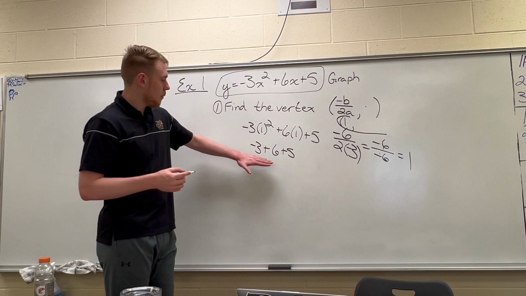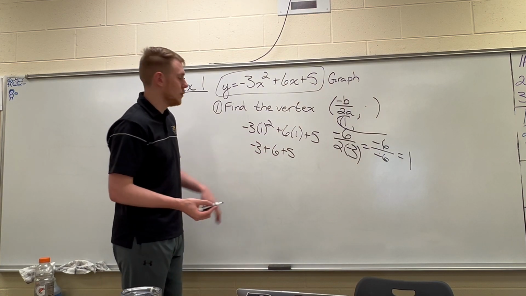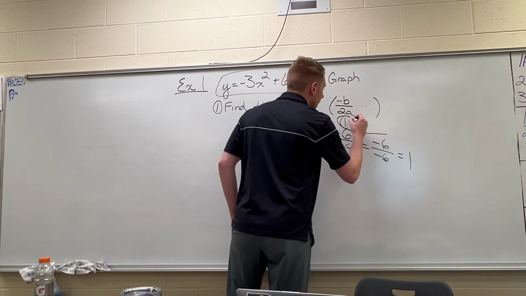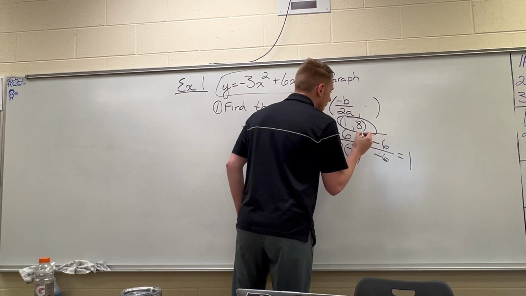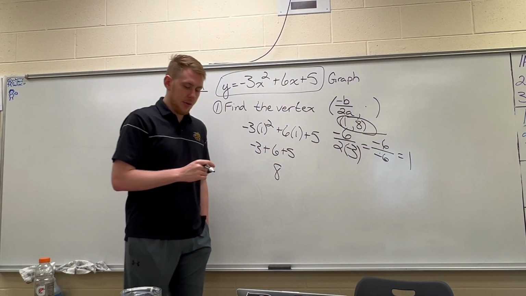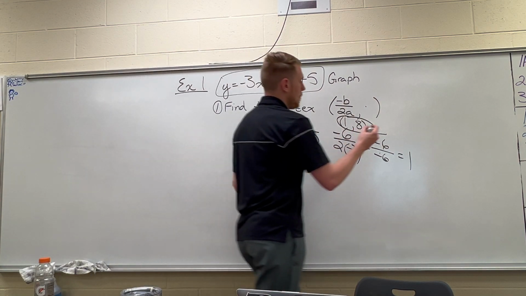Okay? So basically 11 minus 3, 8. So my point is (1, 8). This is my vertex. My vertex is (1, 8). Okay? So then when we go to graph it, let's do it over here.